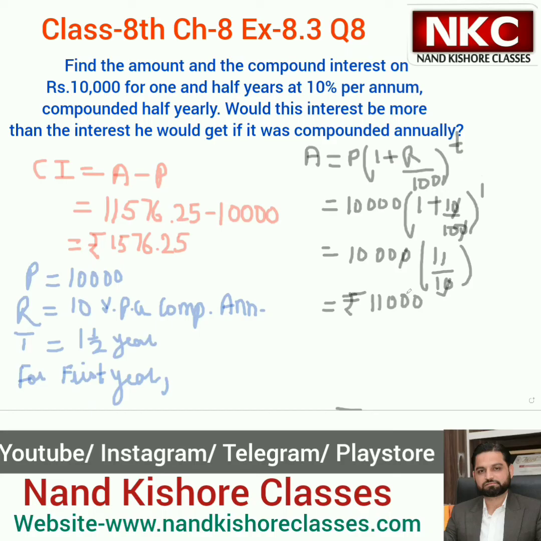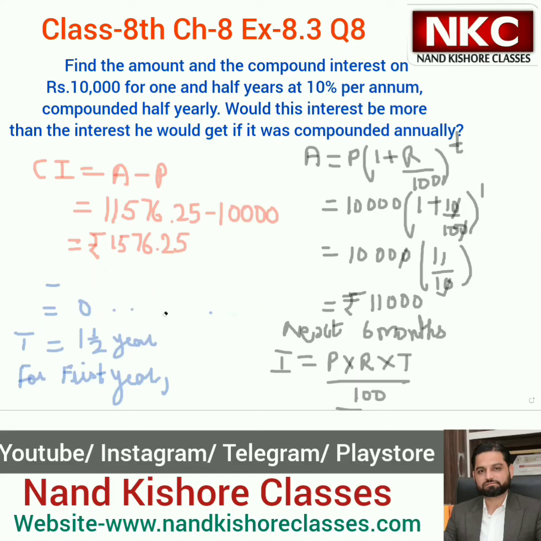If after 1 year it is 11,000, for the next 6 months this amount becomes the principal. And the interest for the next 6 months will be calculated by P multiply R multiply T upon 100. Let us see what it becomes.